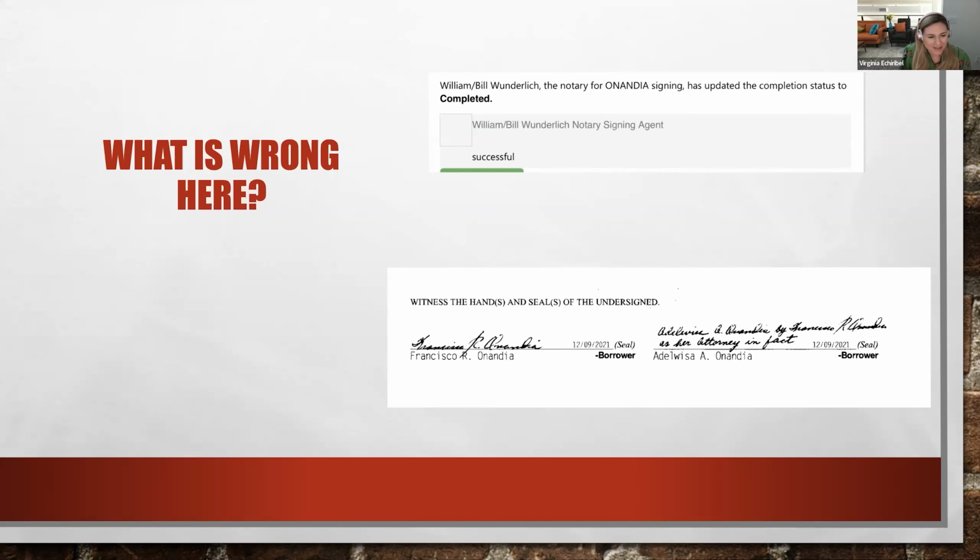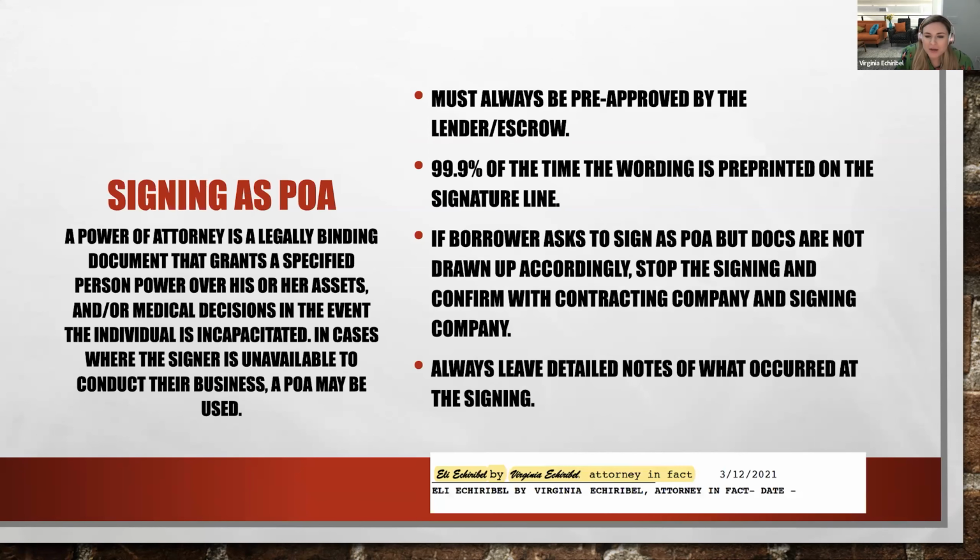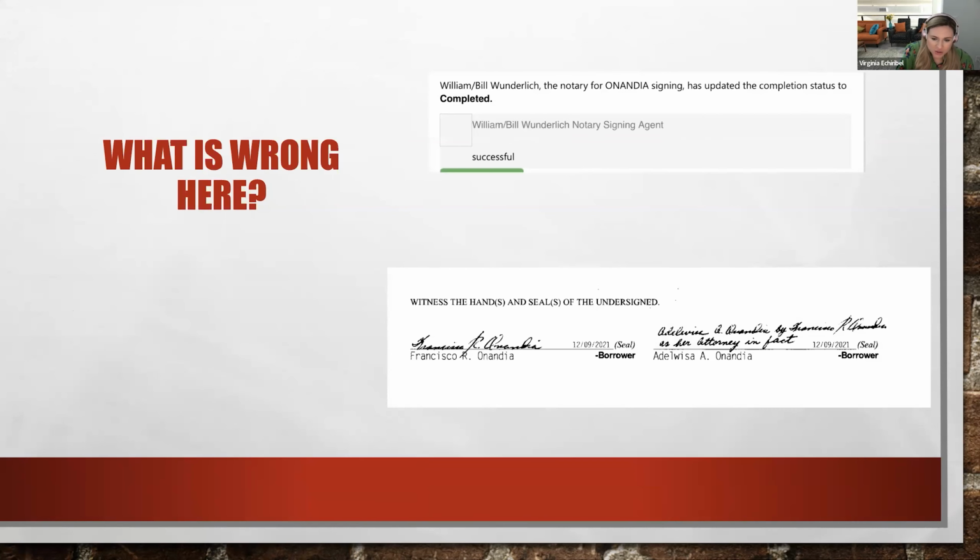So it appears, and this is another real-life sample that I am currently getting yelled at about as of this morning, that in this situation the signer wanted to sign as POA for his wife, but it's not pre-printed. Just like Terry said, it's not part of that signature line. So why did he just put successful when something very out of the norm happened?